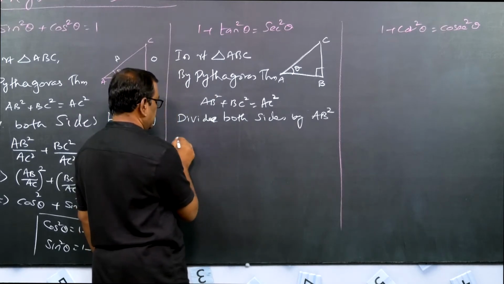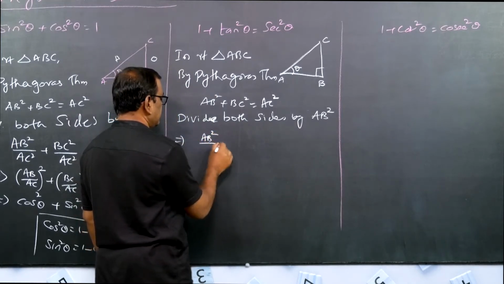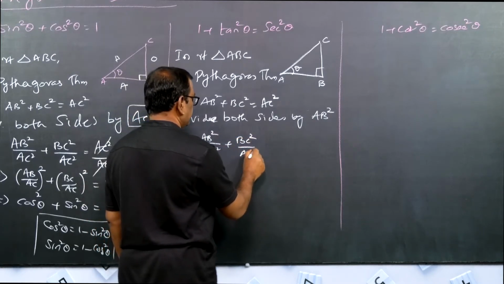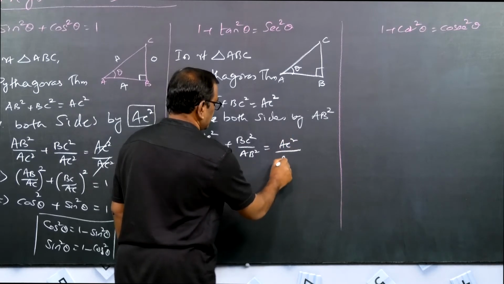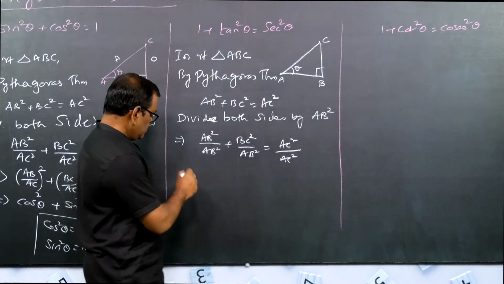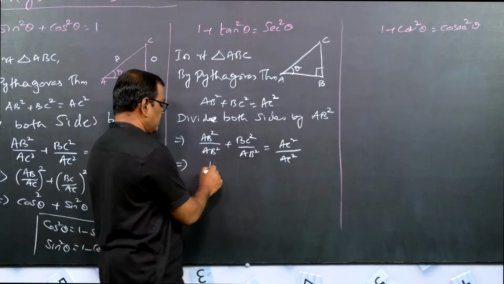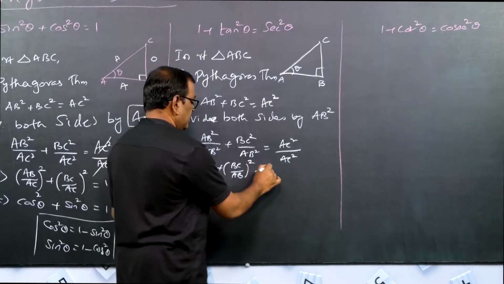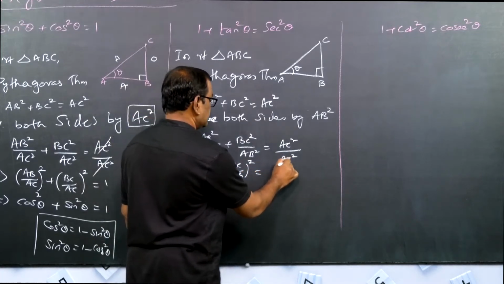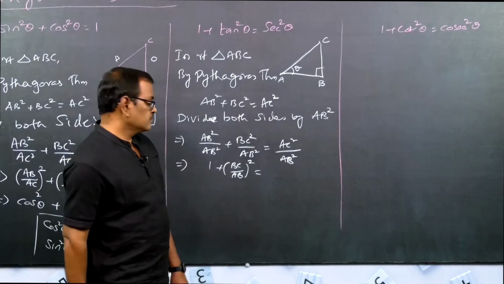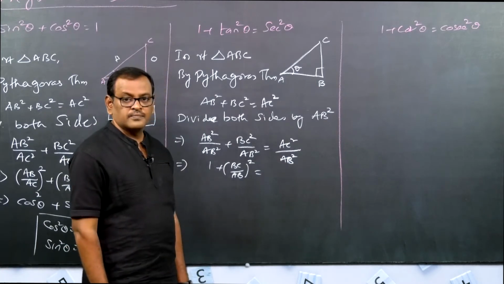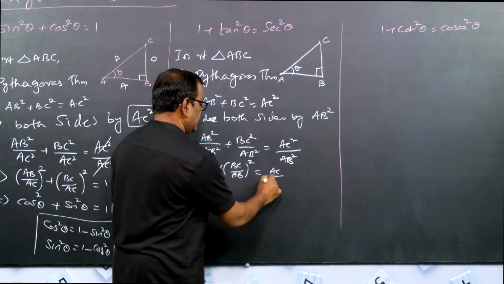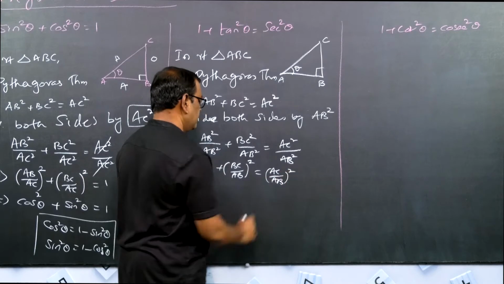So this expression becomes AB square by AB square plus BC square by AB square equal to AC square by AB square. So the expression becomes 1 plus (BC by AB) the whole square equal to (AC by AB) the whole square.